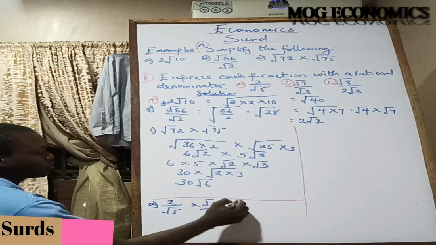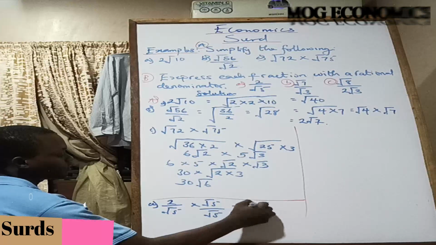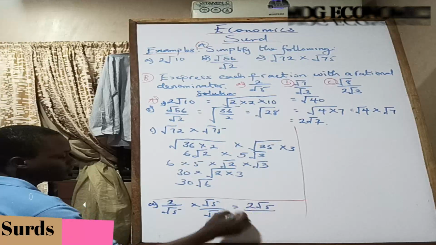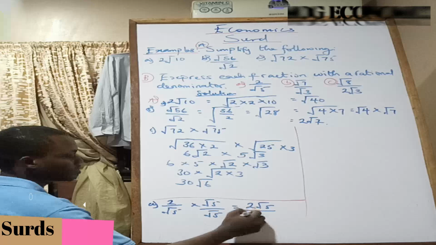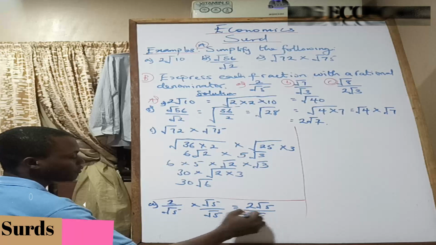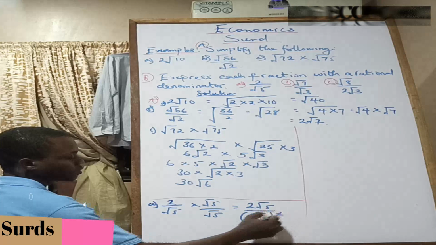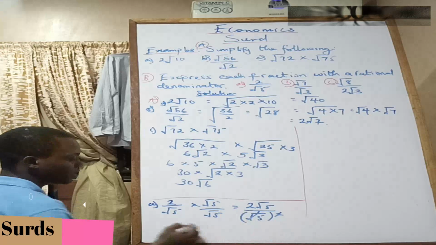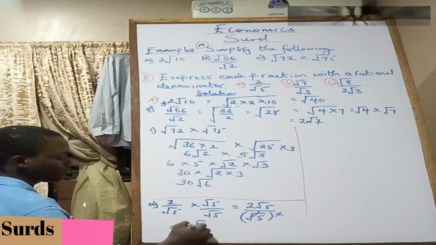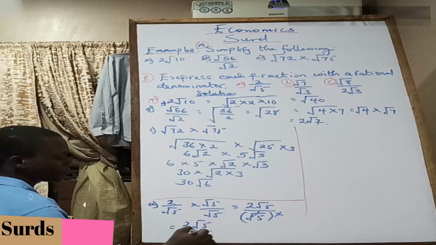So that's it. Now 2 multiplied by root 5 will give us 2 root 5. Now you have root 5 times root 5, which is root 5 squared. The square will cancel the root, so we are left with 2 root 5 divided by 5.